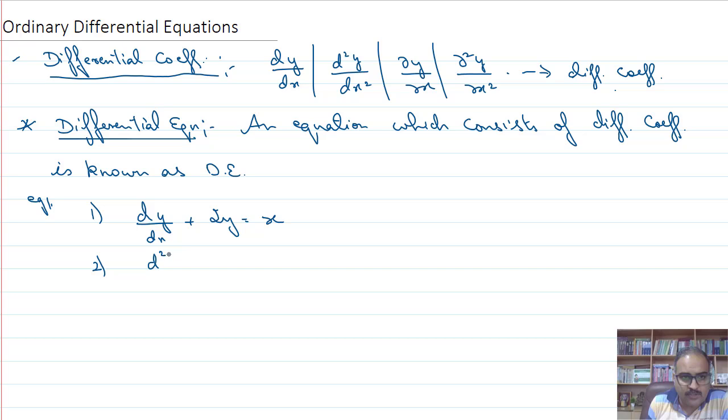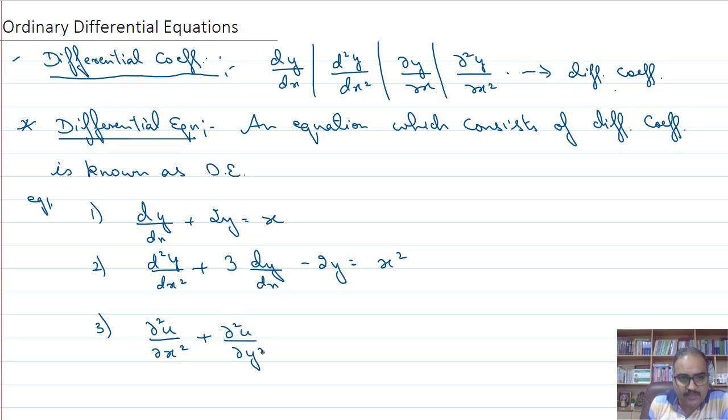Number 2, d2y by dx square plus 3 times dy by dx minus 2y is equal to x square, or curly 2u upon curly x square plus curly 2u by curly y square is equal to 0. These are examples of differential equations.